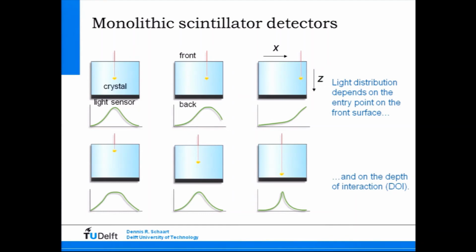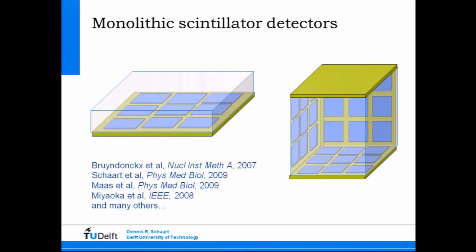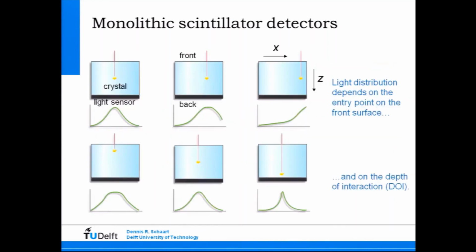One of the new developments there is the so-called monolithic scintillator approach, where basically we no longer segment the crystal, but we leave the scintillator intact. So we use a block of scintillation material, which is typically a few centimeters on each side.